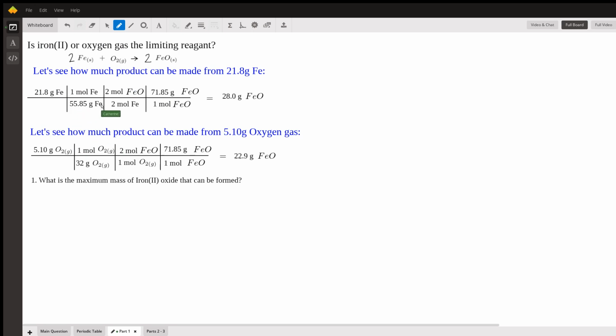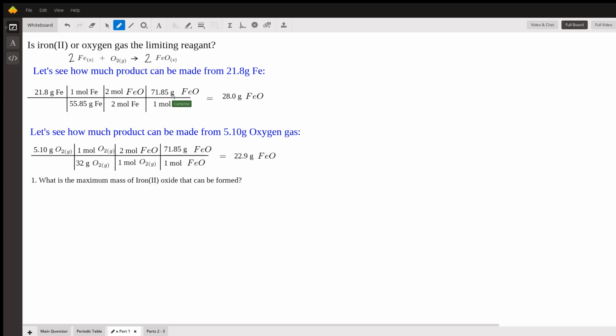The molar mass is how many grams per 1 mole of iron. Now, using our balanced reaction, we know that 2 moles of iron will give us 2 moles of iron(II) oxide. So that ratio is 2 moles of iron to 2 moles of iron(II) oxide.